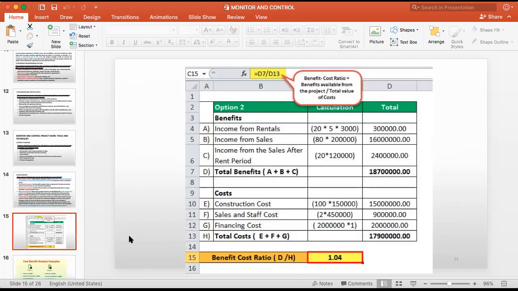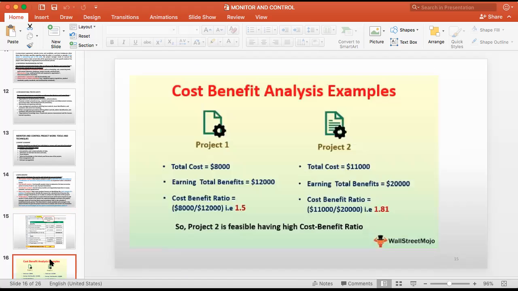This is the sum. Now if you come to some other one, we compare. This is an example, there's project 1, project 2. So you calculate the cost benefit analysis of this one. Total cost is this much. Total benefit is this much. So you calculate this one and see the coming ratio, 1.5.